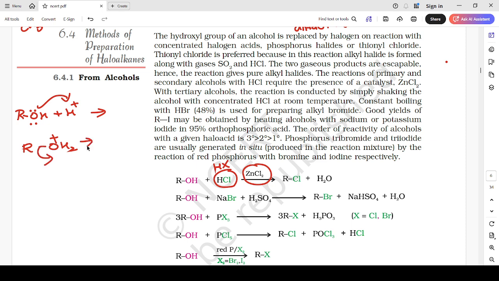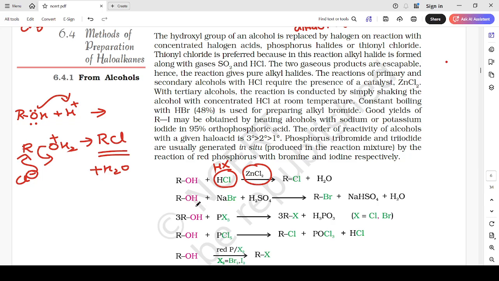This gets cleaved so that the Cl- can come and attack. So I form RCl plus H2O. A very common method of preparation of a haloalkane is by using HCl in the presence of zinc chloride.